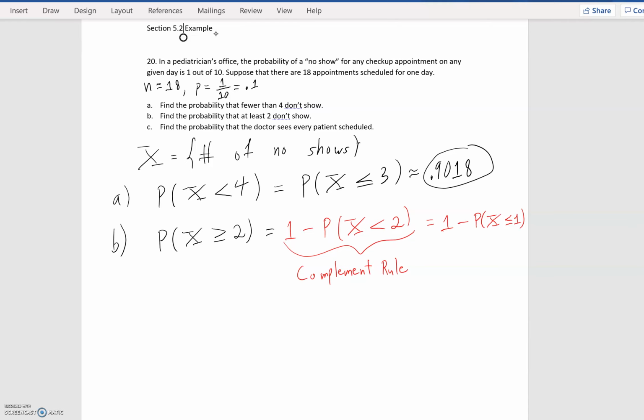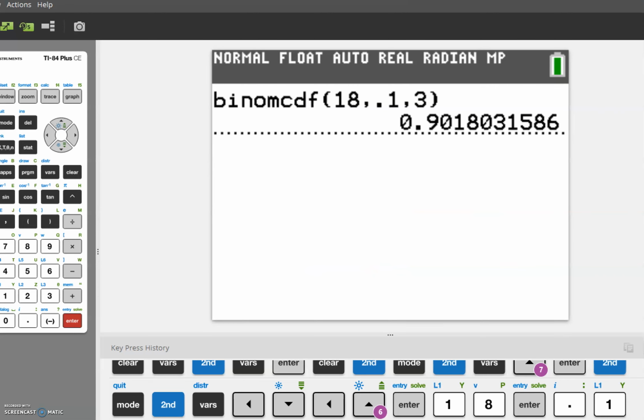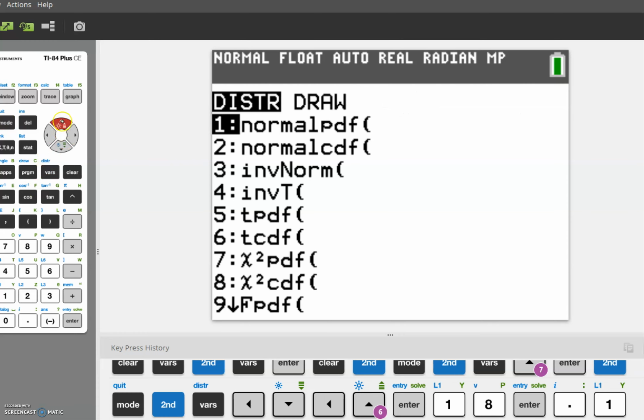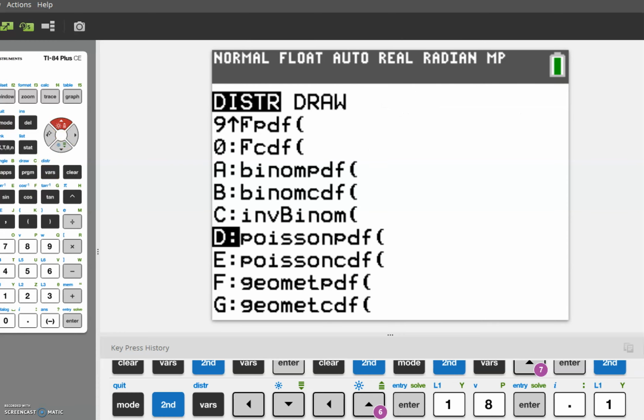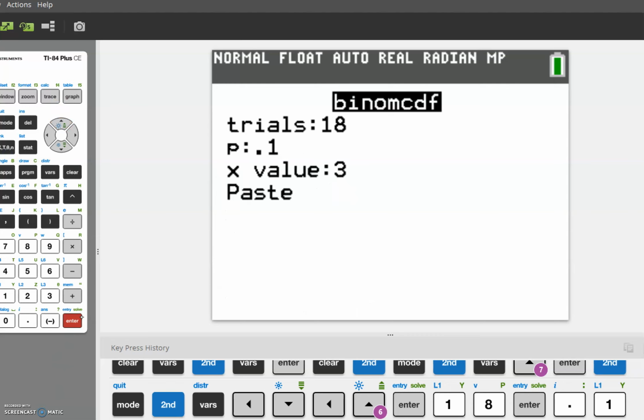So computing this probability of capital X being less than or equal to 1, I will use binom CDF again. My n is 18, probability of success is 0.1.